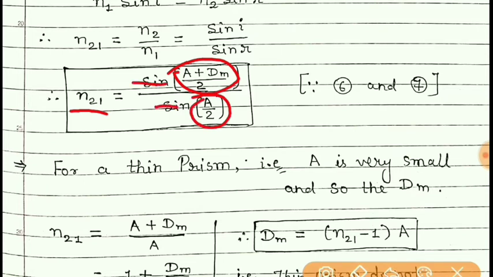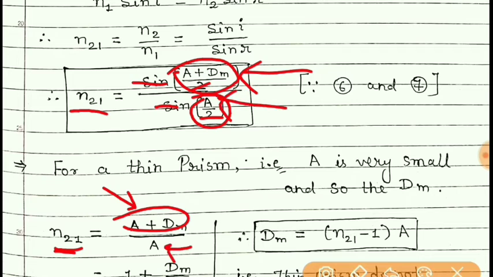So the sin should not be written for a small angle. In the denominator you can see there is 2 common, so that is cancelled out. So what remains finally? n21 is equal to, in numerator A plus Dm, and in denominator only A.